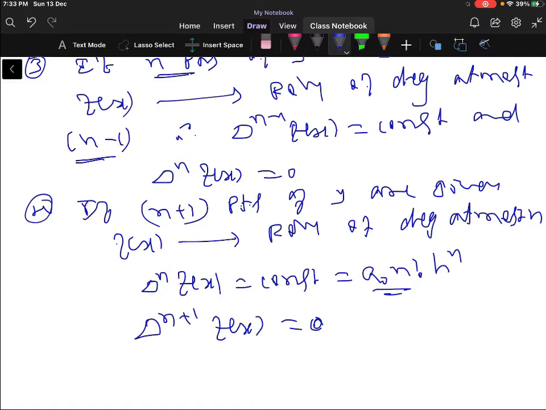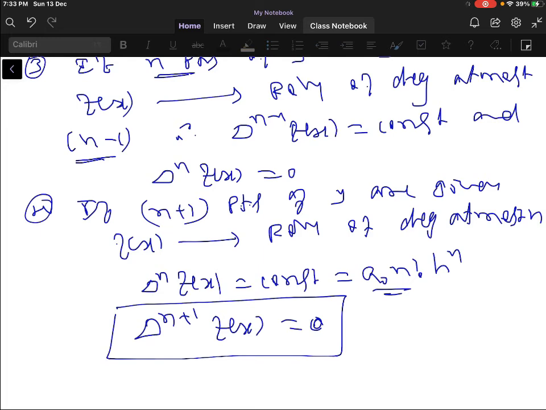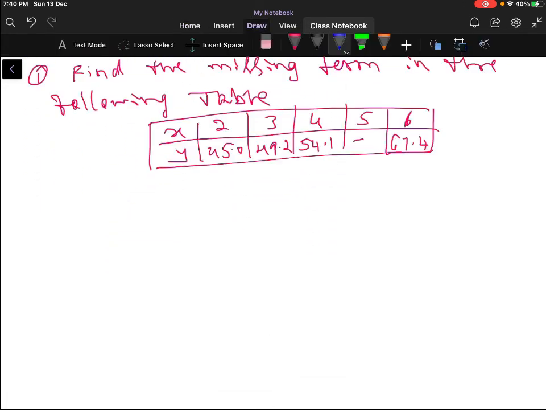Therefore, delta n f of x is constant, and hence delta to the power of n plus 1 of f of x is 0. So from the theorem you can conclude that. So with the help of the note and the theorem, we can find an interpolating polynomial by using the forward and backward differences.